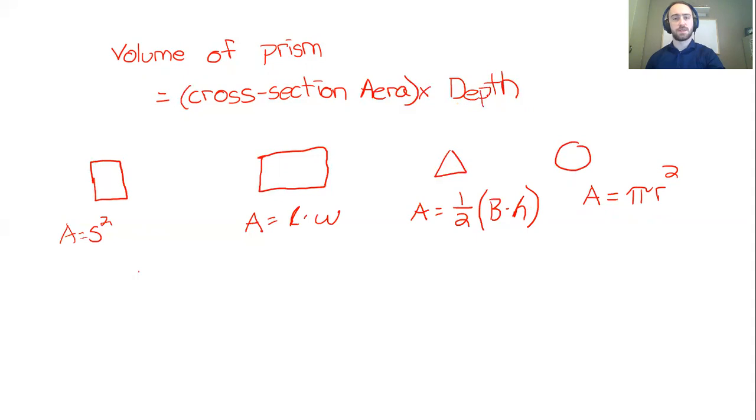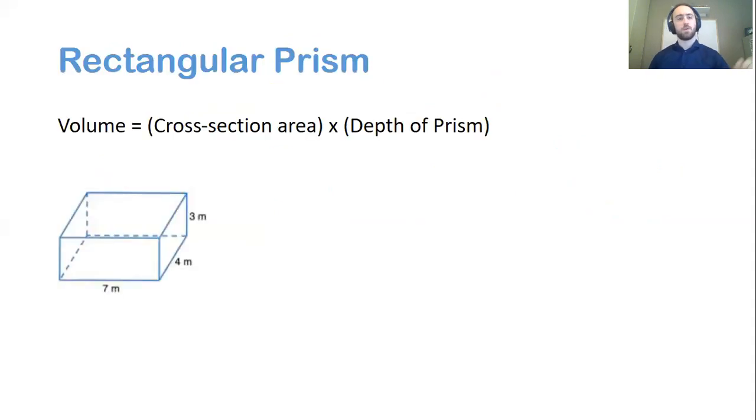So let's get into a few examples here. We're going to start off with rectangular prisms. So we have our formula, the cross-sectional area multiplied by the depth of the prism. This is the formula for any prism, whether it be rectangular, triangular, or a cylinder. So let's start off by solving for our cross-sectional area. Like I said, that is the two-dimensional shape on the base of the prism.